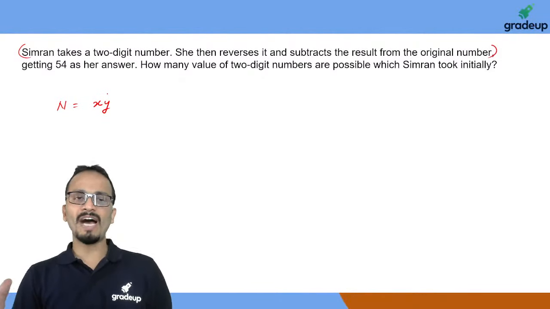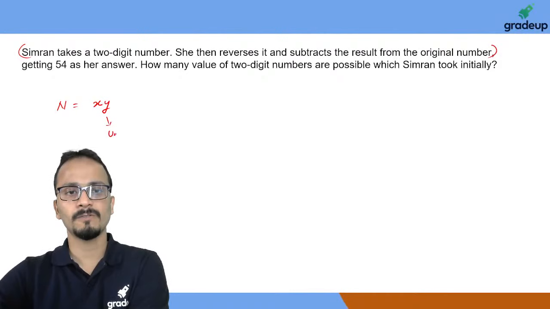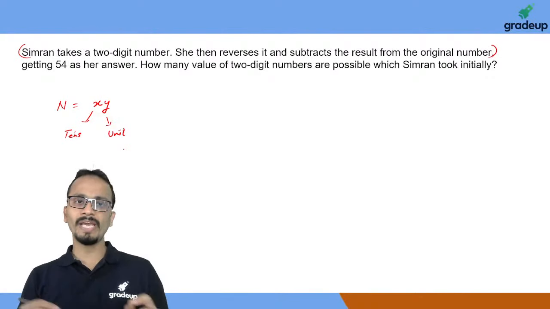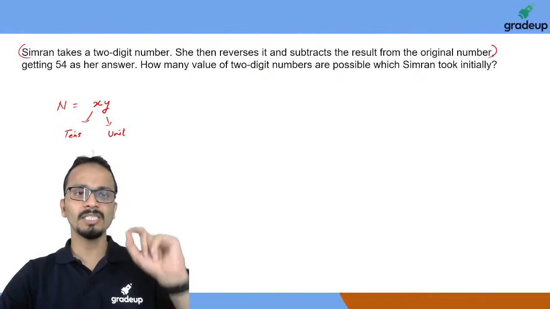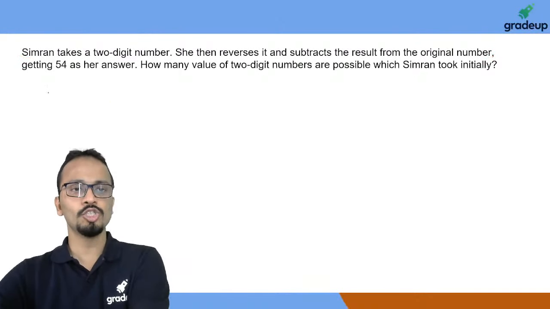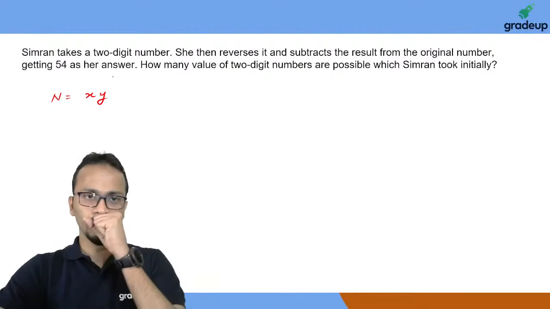Y is the digit at units place, and X is the digit at tens place. So X and Y are the digits at tens place and units place respectively. So the number that she has assumed is XY.